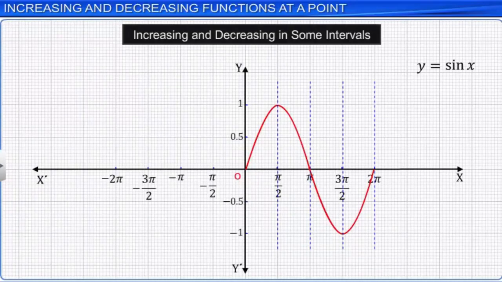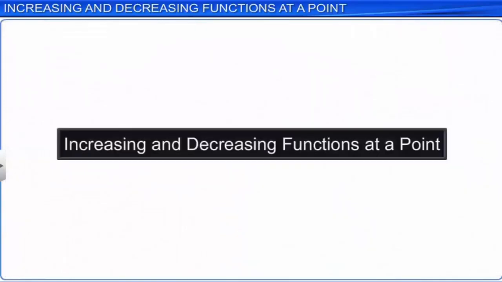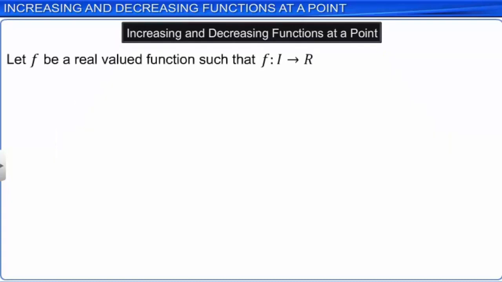Let's extend the concept to determine the nature of a function at a given point. Consider a real-valued function f defined on an open interval I. Let us find the nature of the function at a point x1 in the open interval I. The nature of the function at point x1 is the same as the nature of function in the open interval containing x1.